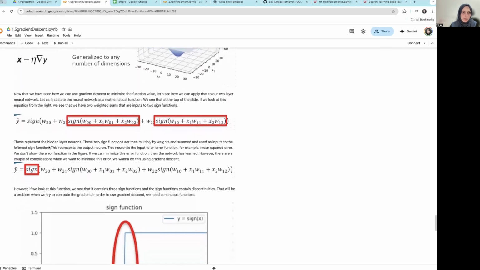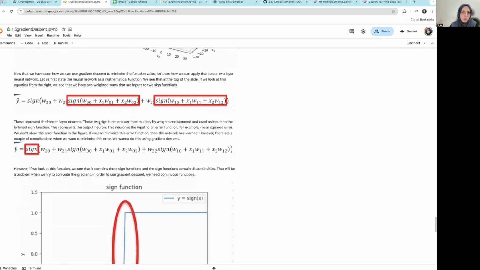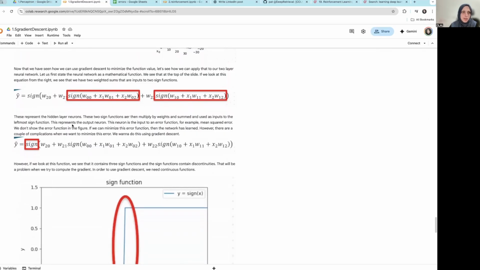Now that we have seen how we can use gradient descent to minimize a function value, let's see how we can apply that to our 2-layer neural network. Let us first state the neural network as a mathematical function. If you look at this equation from the right, we see that we have 2 weighted sums that are inputs to 2 sine functions, this and this.